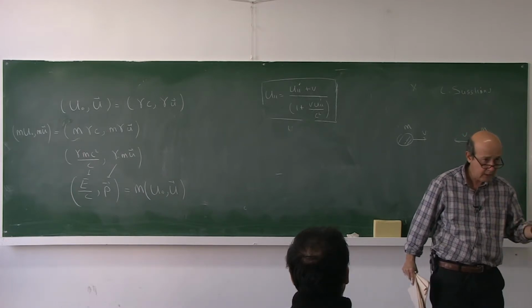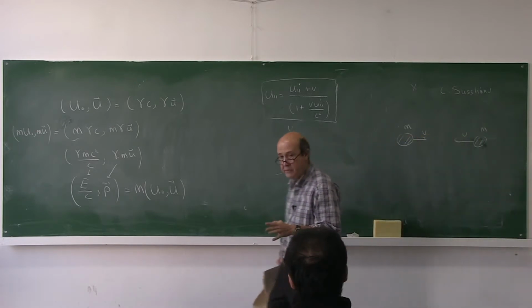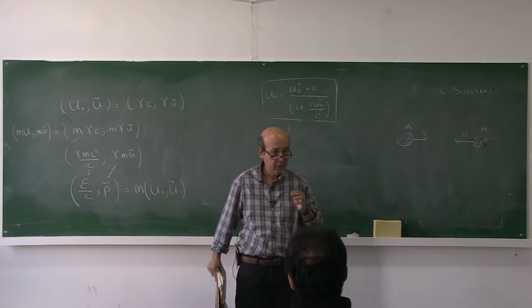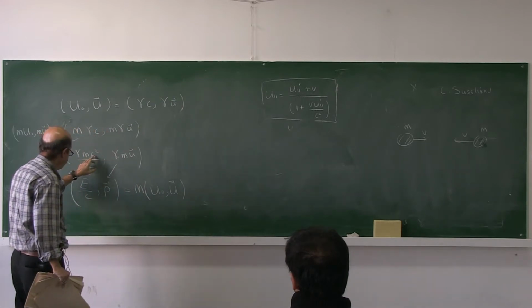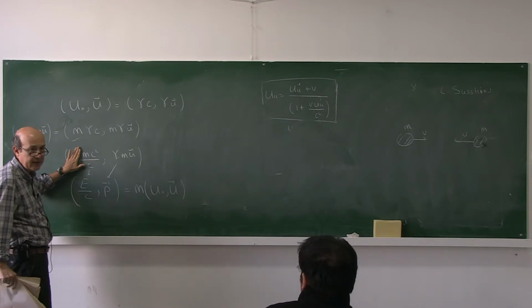It is used in undergraduate books, but physicists don't use the terminology of relativistic mass, okay? They use relativistic energy, or the relativistic energy at rest, that means mc square.